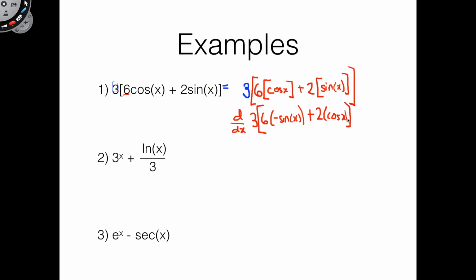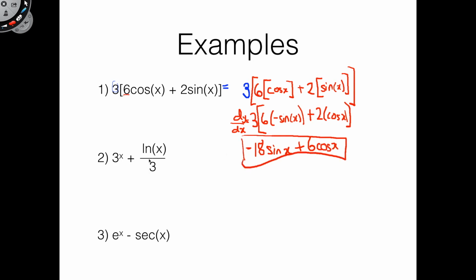I'm just going through these quickly for the sake of time, but feel free to go back in the video as you desire. And again, just some simplification. So that would be d dx. Actually, I'm going to say dy dx because that would be bad notation otherwise. That's going to be negative 18 sine of x. The 3 is also distributed there, so plus 6 cosine of x.